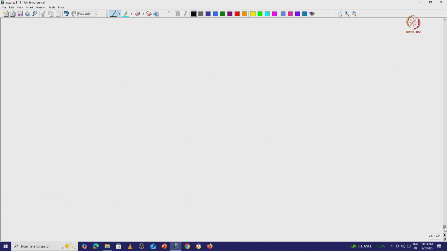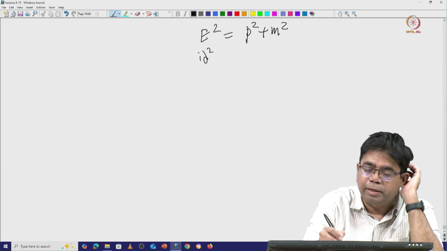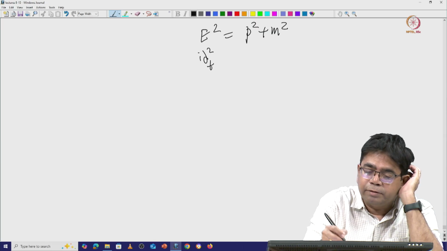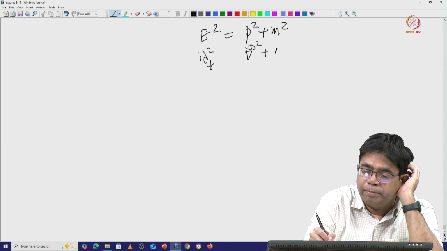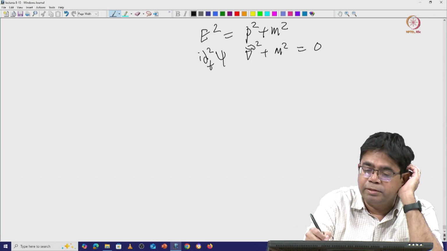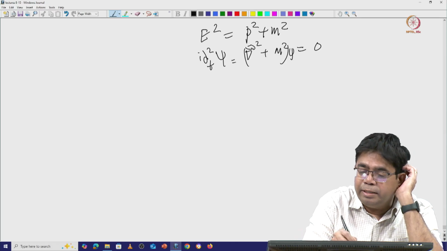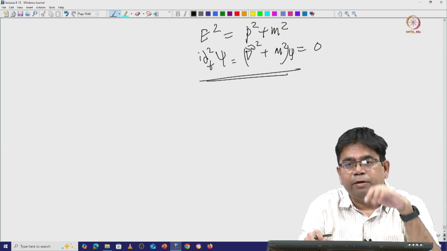You have E square equal to P square plus M square. Now write it in terms of the differential operator: del T square, Nabla square, M square. If you put it to 0, putting wave functions on both sides, then this wave function will always satisfy the on shell condition.